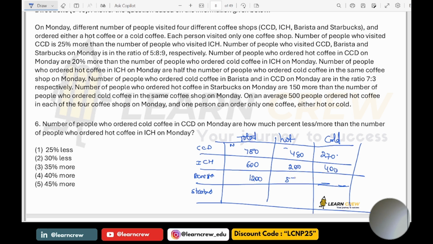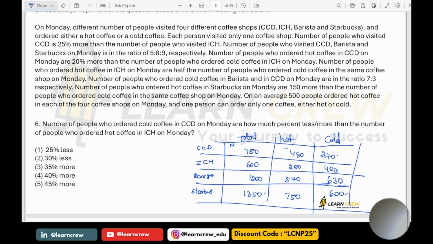It is 570 because it is 95% of 600, and 5% more means 630. So 1350, this is 750, this is 600. Okay, now you can answer the questions very comfortably.